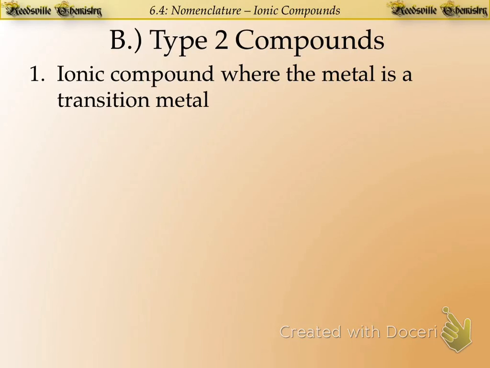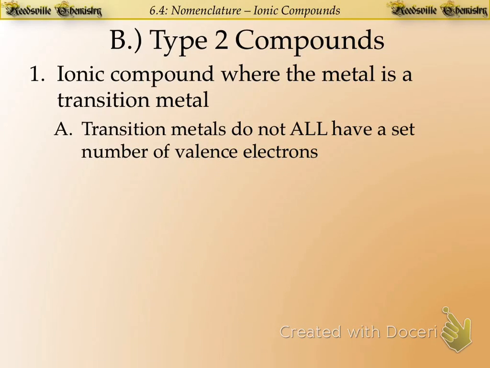Okay, how do we handle these? Well, transition metals are goofy because unlike group 1 or group 2 or group 3 metals, transition metals do not all have a set number of valence electrons. Like, you can look at all group 1 metals and say, oh, they all have 1 valence electron. Group 2, they all have 2 valence electrons. If you go into the group where chromium and molybdenum and tungsten are, you don't know exactly how many valence electrons there are.